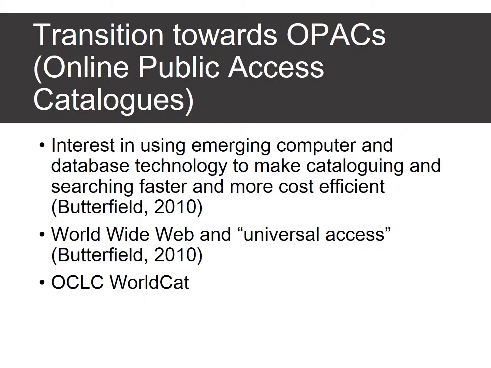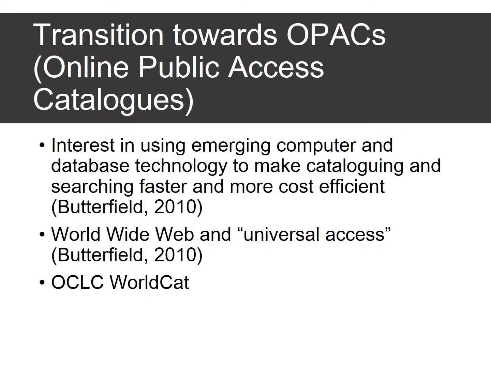Widespread adoption of MARC served as a catalyst for libraries to experiment with making bibliographic records searchable and accessible using emerging computer and database technology. In the 1980s, as integrated library systems were developed, libraries looked towards computer science for ideas on how to develop OPACs.